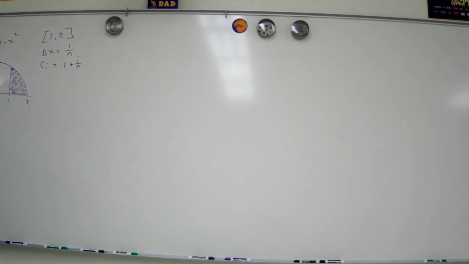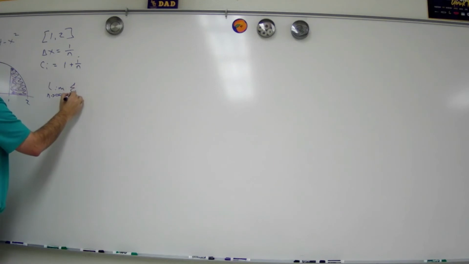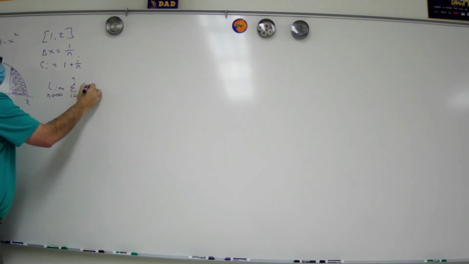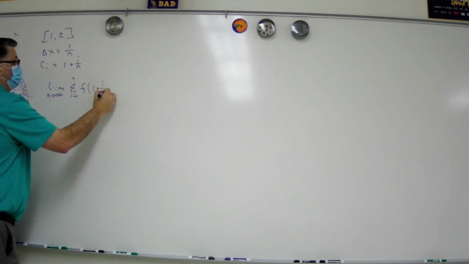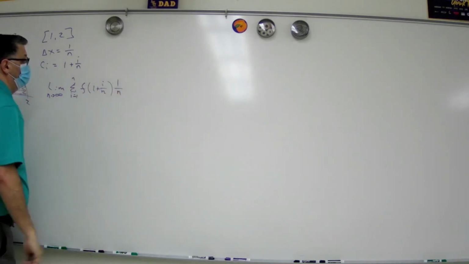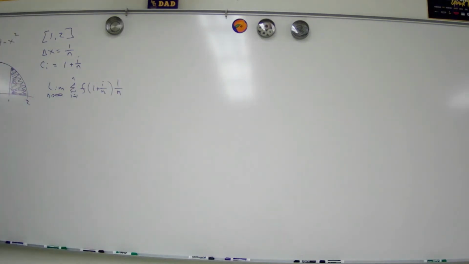All right, let's do this. We need to have the limit as n approaches infinity of my sum as i equals 1 to n of f of 1 plus i over n, times 1 over n. All right, what comes on the outside? 1 over n.